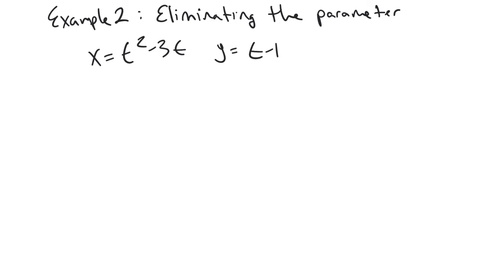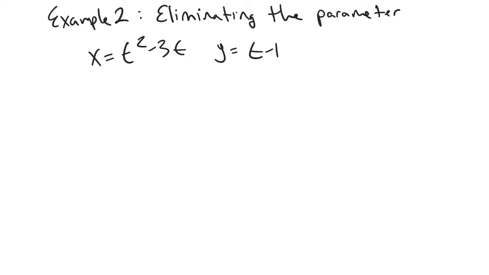In this example, we're going to do something called eliminating the parameter. Essentially we're trying to get it back into rectangular form, which means no t. We're trying to get rid of t. You'll notice these are the same two equations, x equals t squared minus 3t, and y equals t minus 1.